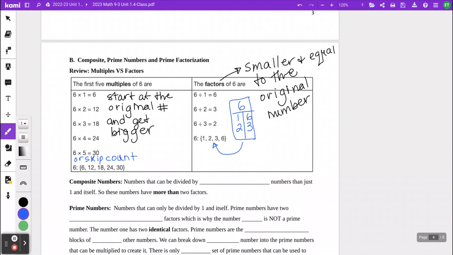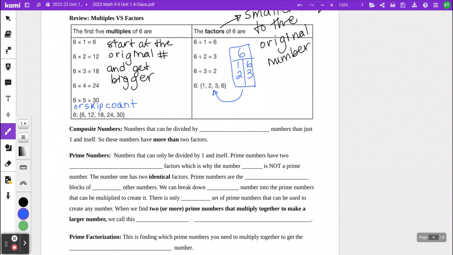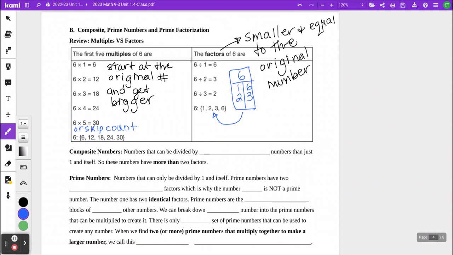Now we're going to talk about composite and prime numbers. We're going to get more detailed. So far we just know about whole numbers and we know about multiples and factors. Now we're talking about composite numbers. So composite numbers are numbers that can be divided by more. The key word in this one is more.